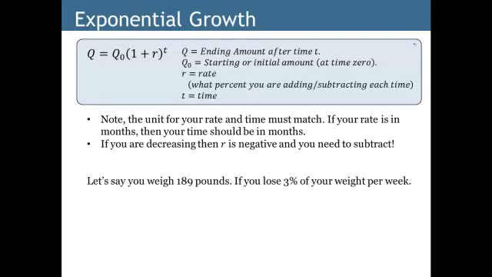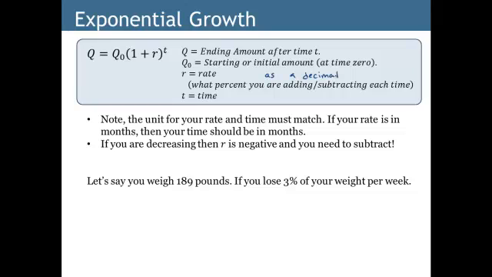Okay, so that brings us to this formula. The exponential growth formula, again, the Q's are for quantities. That's why we use Q. And remember, Q sub 0 here is the quantity at time 0, your starting quantity. R is your rate. It's a percent, and it's what percent you are adding or subtracting. Remember, this needs to be a percent as a decimal.